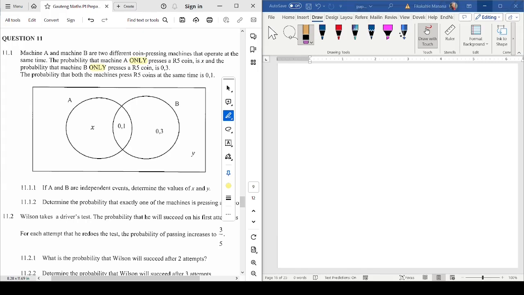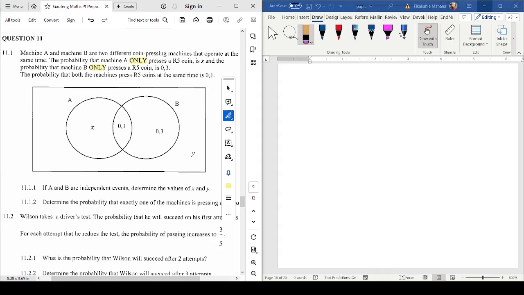I see it over there. The probability that both machines press a 5 Rand coin at the same time is 0.1. That's the intersection. I also see a y right there outside, which means that neither of these events are occurring.